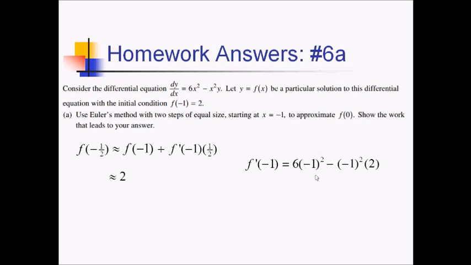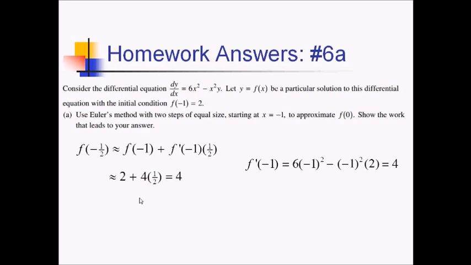So this is going to be 6 minus 2. This -1 squared just becomes a 1. 6 minus 2 is 4. So this is now 4 times our step size of 1/2. So this is really just 2 plus 2, which comes out to 4. So f of -1/2 then is approximately 4.